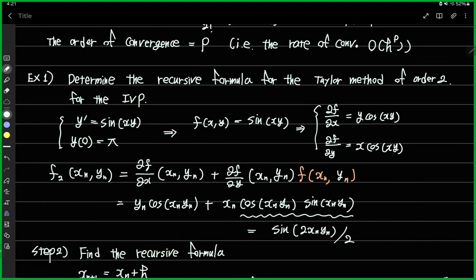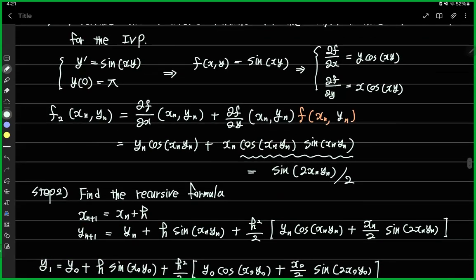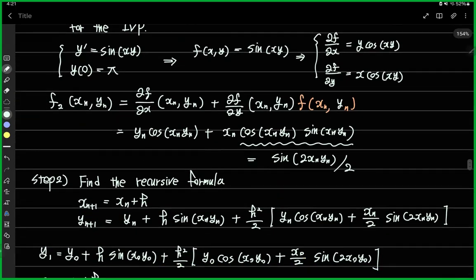That's simple, that's why it was relatively easy to figure out f sub 2. But normally in practice, f of x comma y is not that easy. It normally has a complicated form. So that's the Taylor formula.